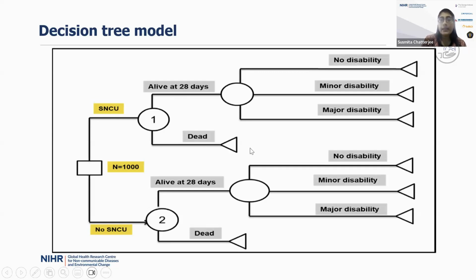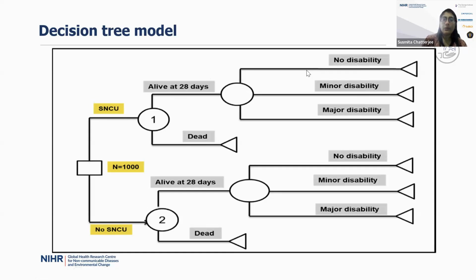And this node denotes it's the terminal. Here, there is a chance. This is called a chance node. What is this node saying? That it may have disability, minor, major, or no disability. And then it will end here. That's a simple model, okay?